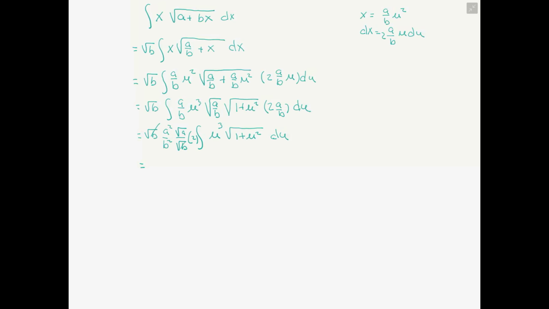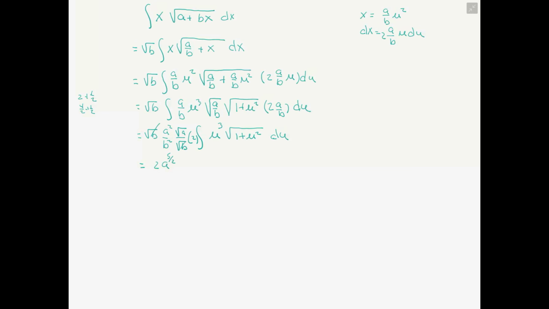Okay, so this cancels with that. And this, we've got 2 plus 1/2, that's 4 halves plus 1/2.